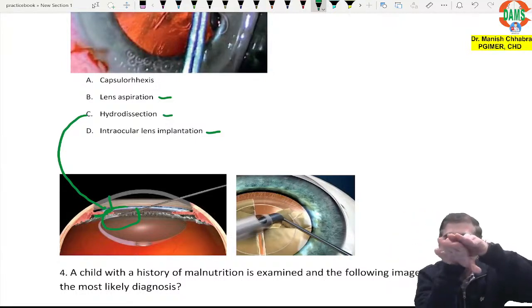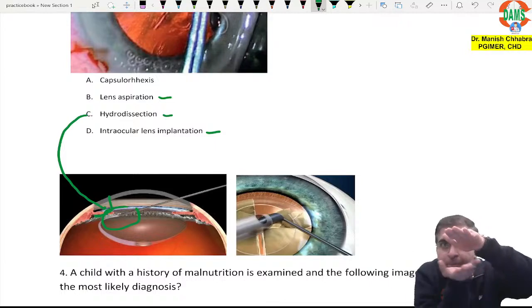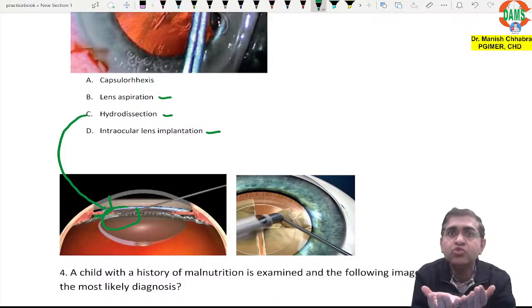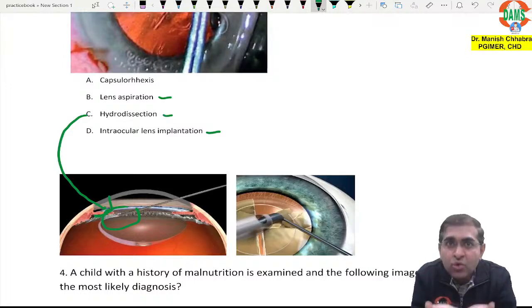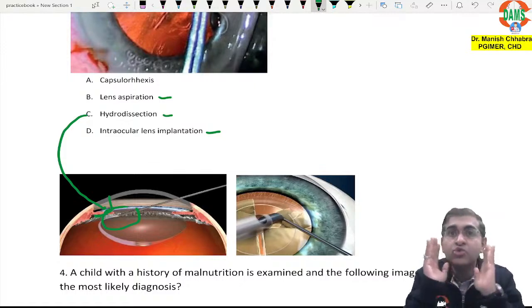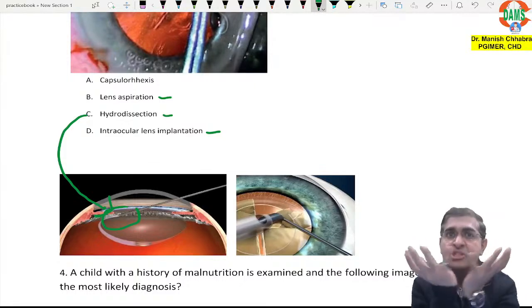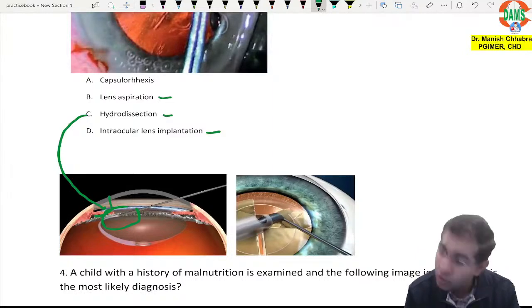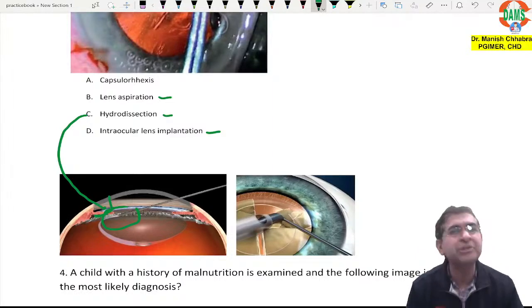As the fluid flows, it creates positive pressure posterior to the posterior surface of the lens, which pushes the lens anteriorly and also detaches the lens from its surrounding capsule so that you are able to eat it pretty easily.